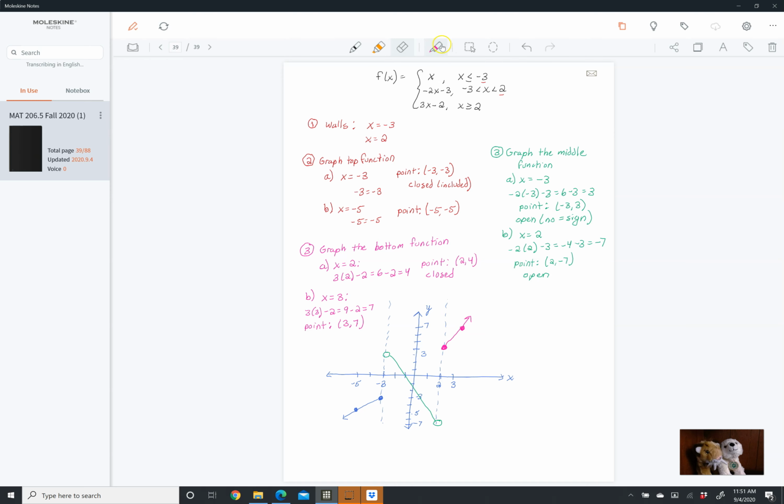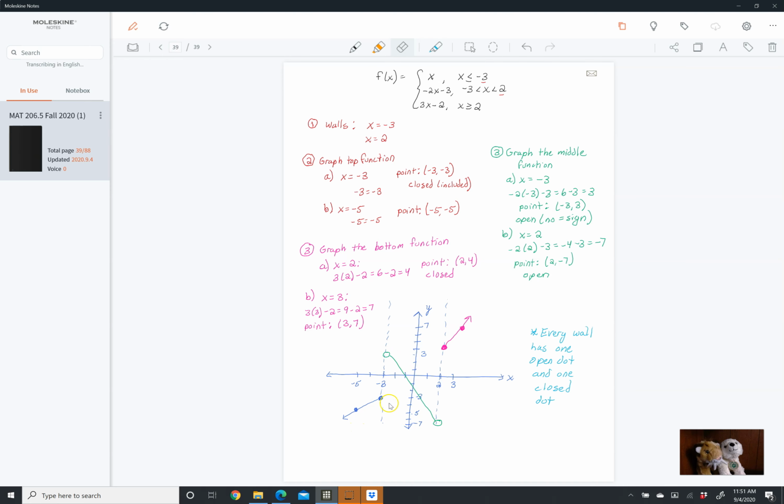So notice every single wall has an open dot and a closed dot. These are all things to help you figure out, hey, something went wrong. Okay, and that's it. So we have an open dot, a closed dot, an open dot, a closed dot.